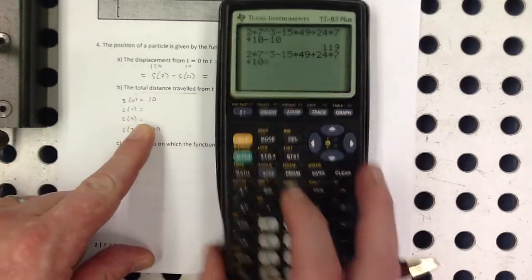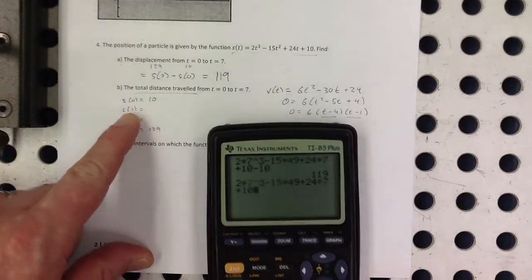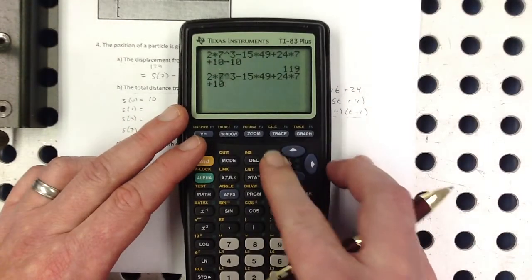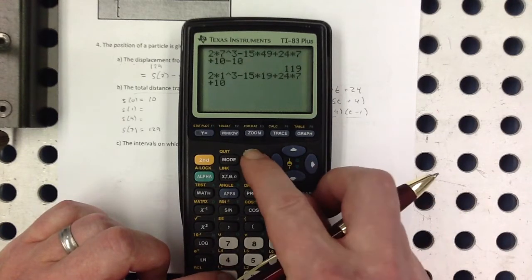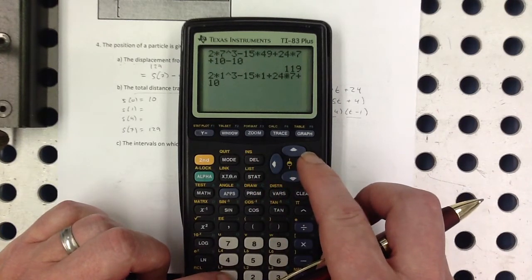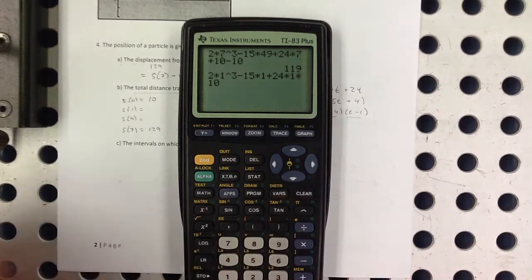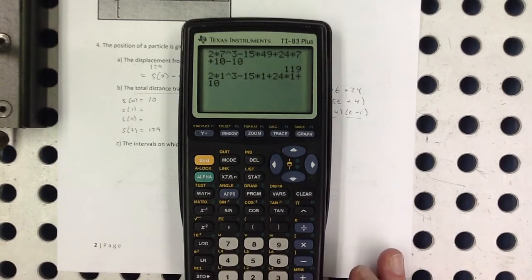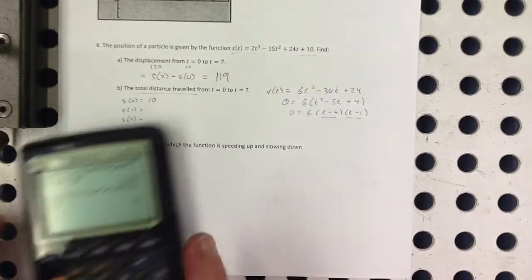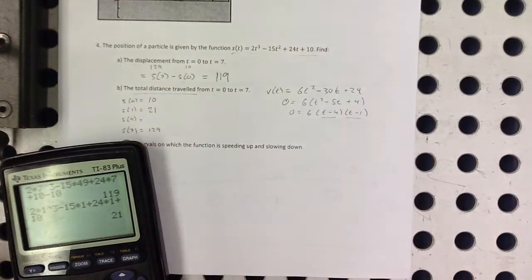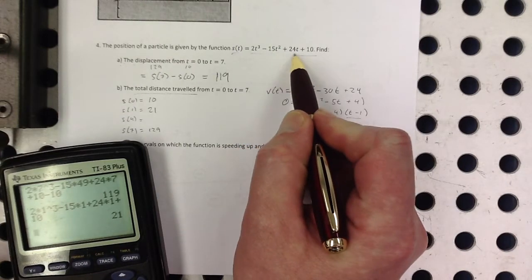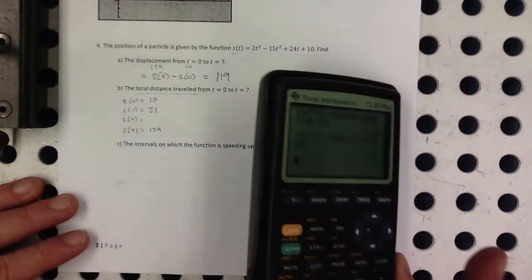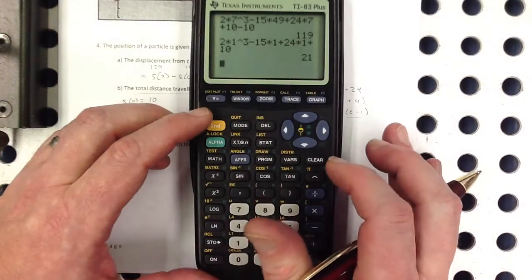I'm just going to copy this here because then I can just plug in 1. Right? 21. You can check my work there. It's 2 minus 15 is negative 13. Yeah, 21 is right.